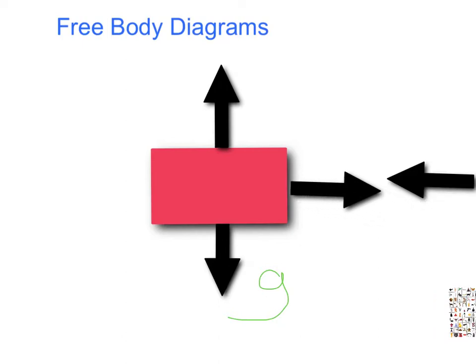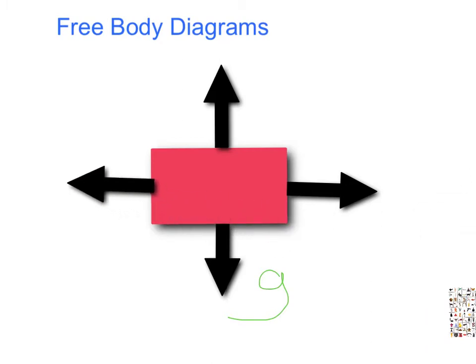Then we got the actual pull or push, and at the end we got the friction that goes in the opposite direction. So the one that pulls down, that's gravity. The surface goes the opposite as gravity. Then the actual pull or push.